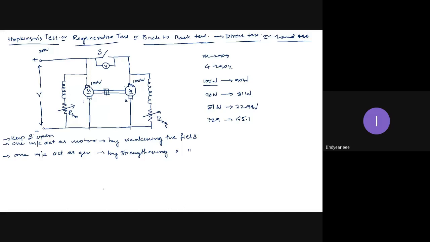Since the motor is acting as load on the generator and the generator is acting as load on the motor, this is also known as direct test or load test. I can operate this system at any load condition, not necessarily only at full load, by varying the excitation of both the motor and generator.